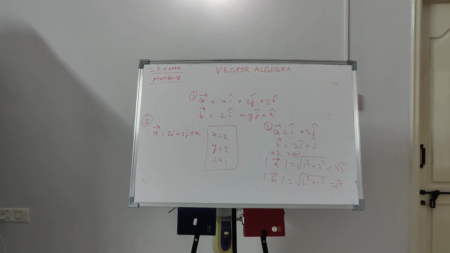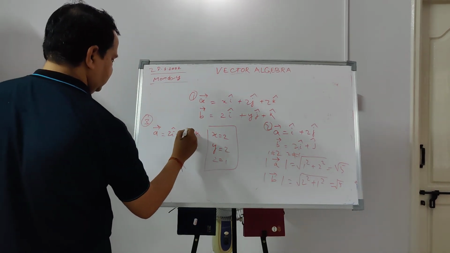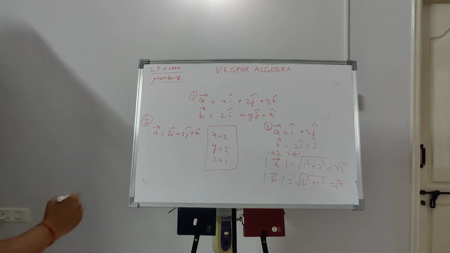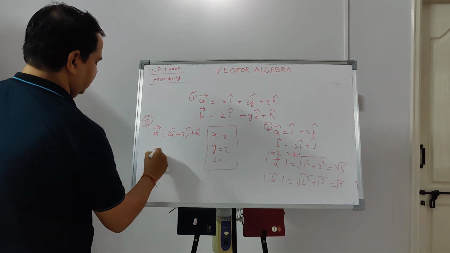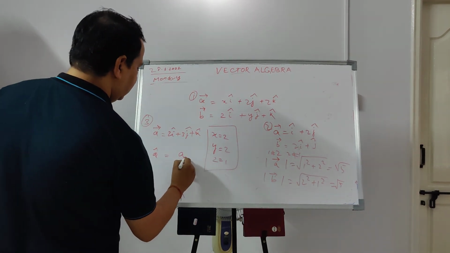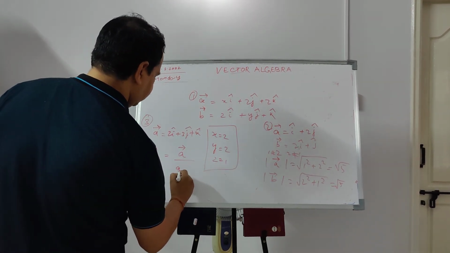This is my vector, so put a cap; these are all unit vectors. So I know my unit vector A cap is nothing but that vector divided by the magnitude of that vector.